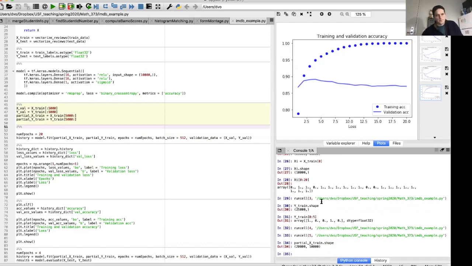Okay. And then keep in mind we also have a third collection of data, which is called X-test. X-test is a set of data that we're not going to touch until the very end. We're not going to look at X-test until we have already finished training our model.